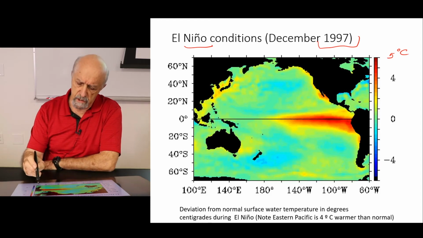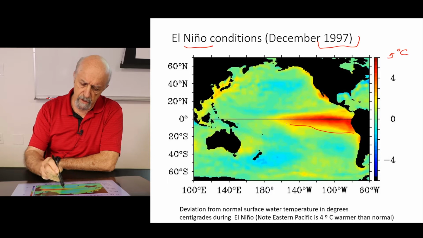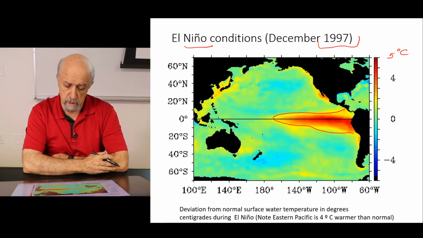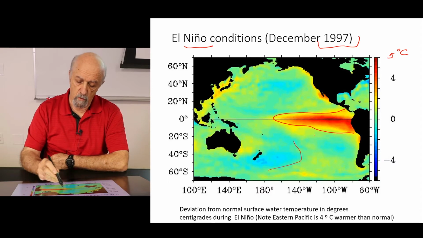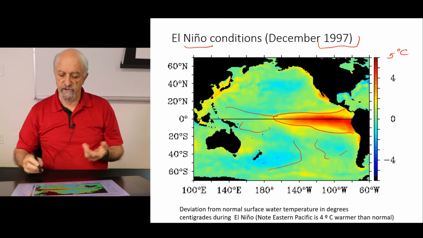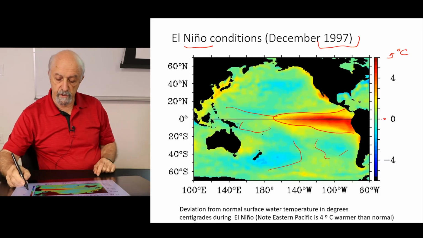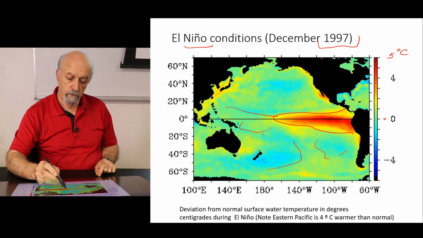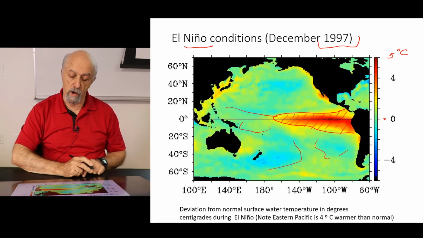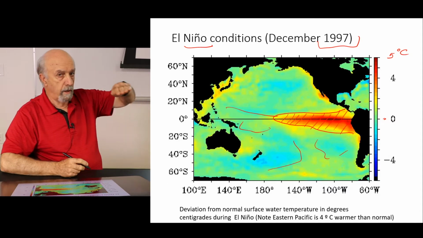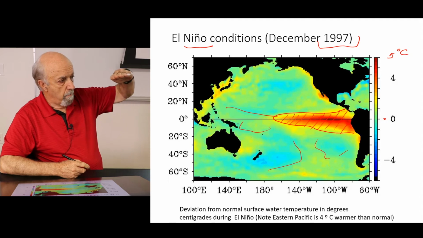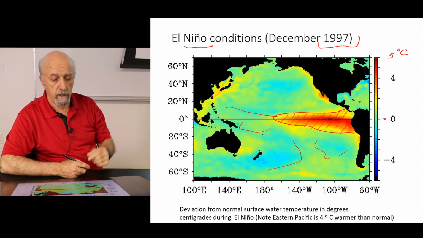But what we see here, remarkably, we see this part in here very warm, and warmer waters in here too, and in here too. So all that is a departure from the normal that is 0 here. In fact, if we do have all this area covered by hot water, that's going to be effectively acting as a lid on top of the water, stopping the nutrients from reaching the upper part.